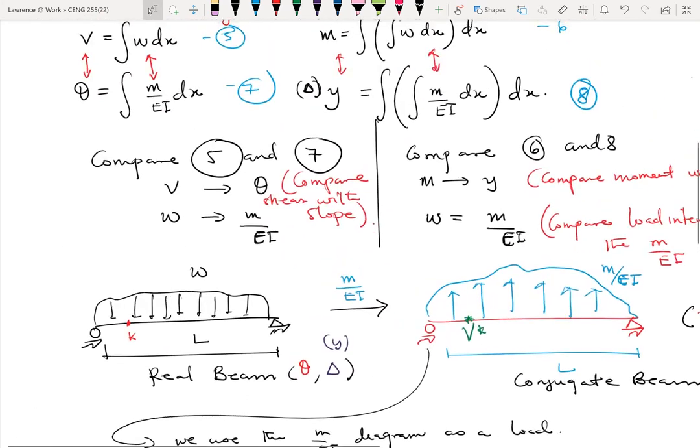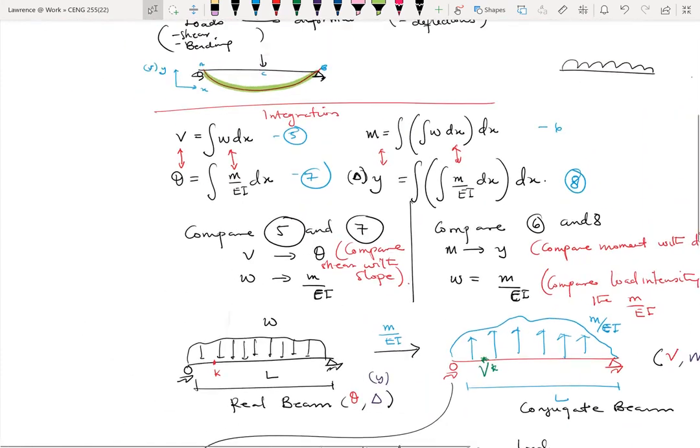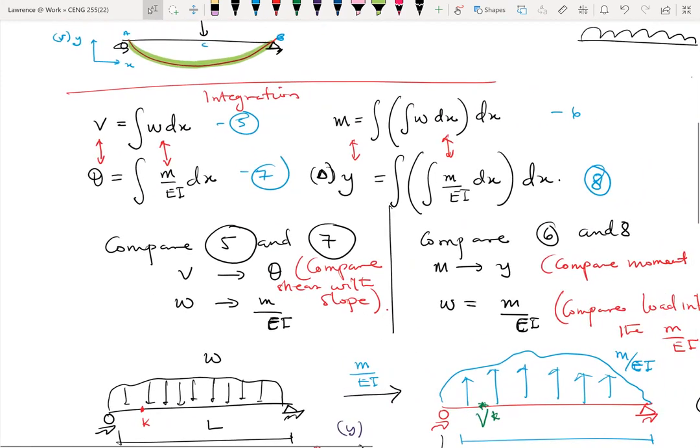So if we go back to our equations here, equations 5 to 8, we can see that slope correlates to shear, and displacement correlates to moment.